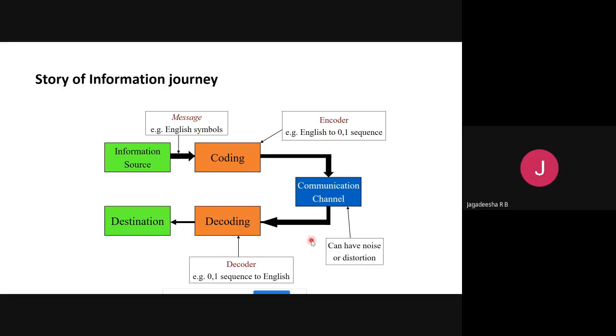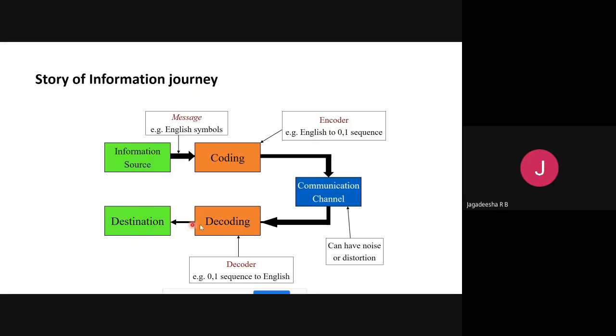And then at the receiver side, there is something called a decoder, because the destination can understand only the English symbols or the voice signals. It cannot understand this 0 and 1, because this destination is also a person. The source of information is also a person. In that case he cannot understand 0 and 1. He wants to listen to the sound that was generated at the source.